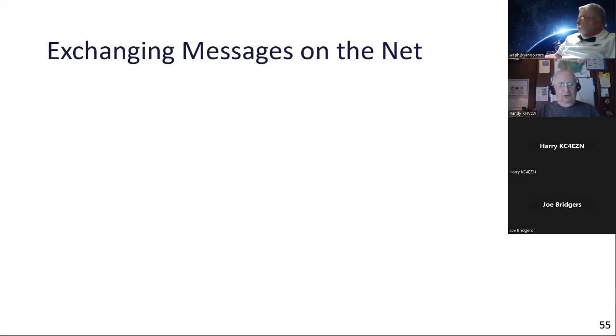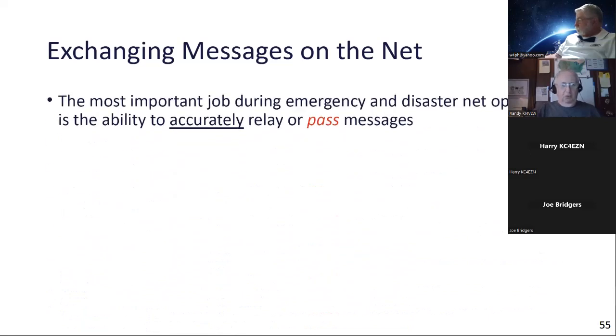Okay, exchanging messages on the net. The most important job during emergency and disaster net operation is the ability to accurately relay or pass messages. And the key word is accurately, okay?